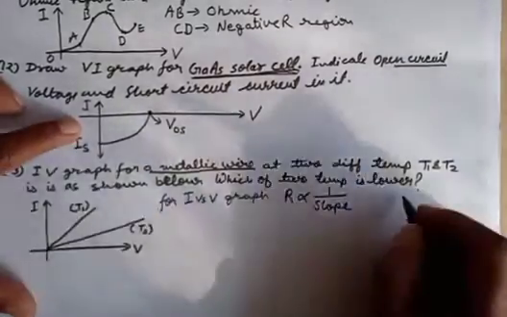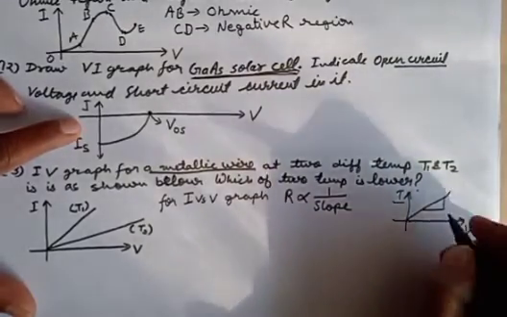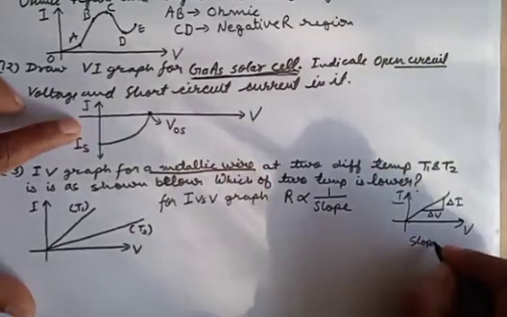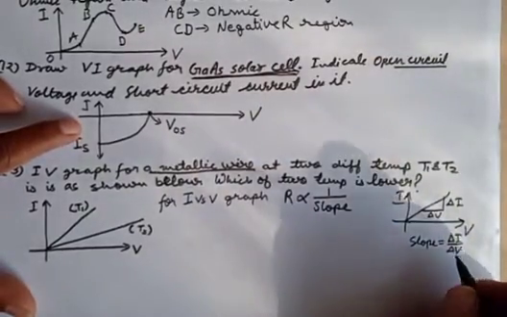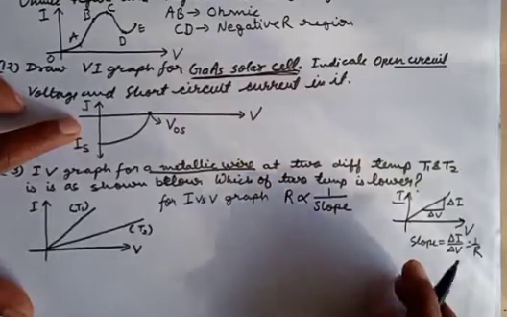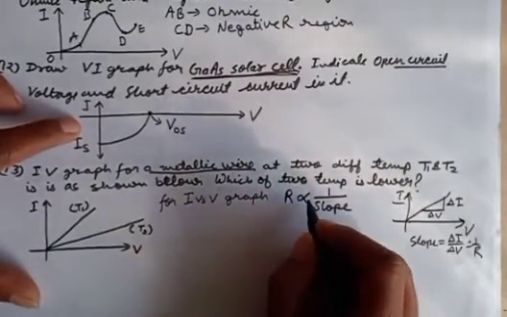How come? Because for IV graph, this is I, this is V. If you find its slope, it will be delta I upon delta V. And what is slope? Perpendicular upon base. This is perpendicular, this is base. We know that V upon I is resistance, so I upon V is 1 upon resistance. That is why they are vice versa. Not all slopes, but for I versus V graph, R is inversely proportional to slope.